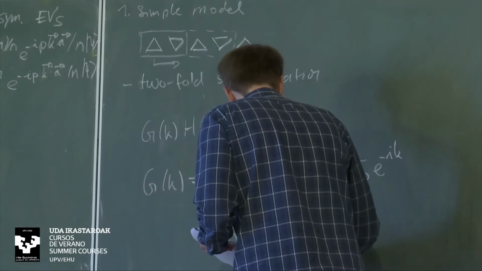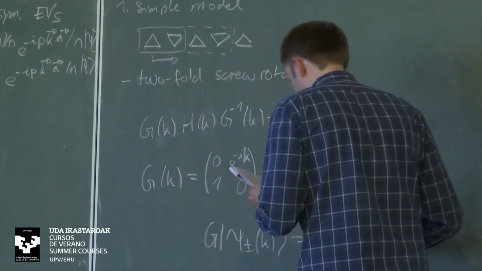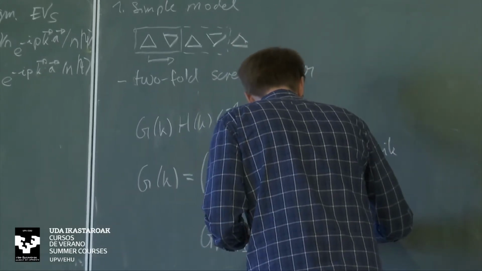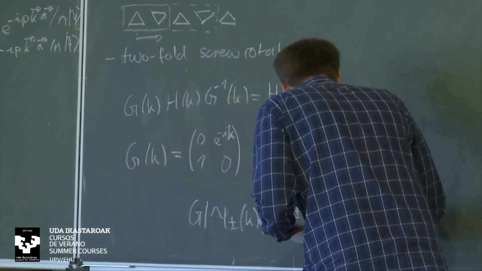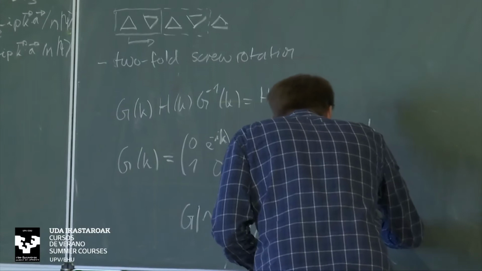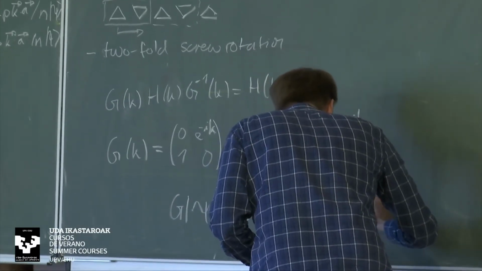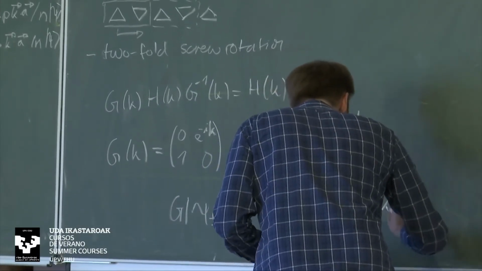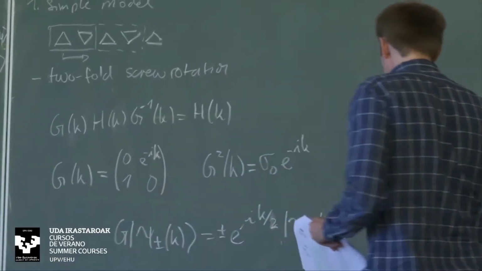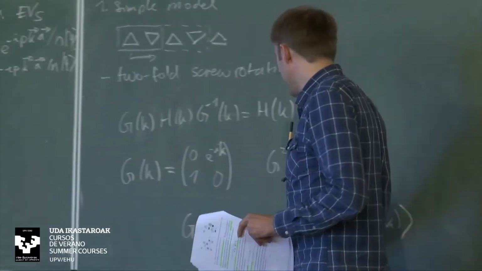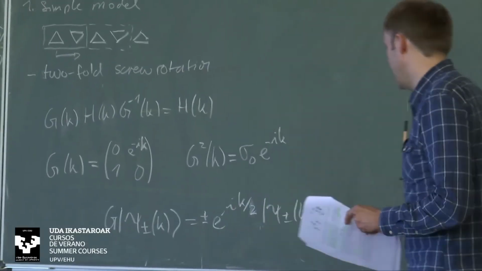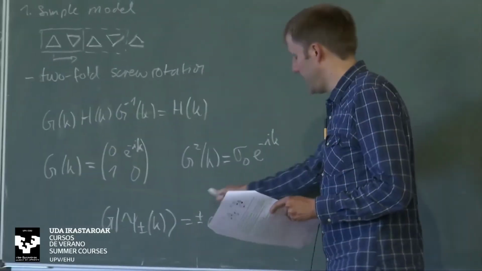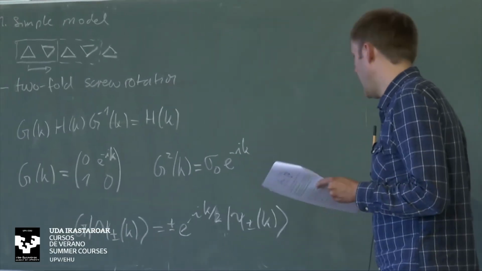So we have plus minus e to the minus ik half. Right, so we have two different Bloch states, one with this eigenvalue plus and one with this eigenvalue minus, and both have this phase factor e to the minus ik half.